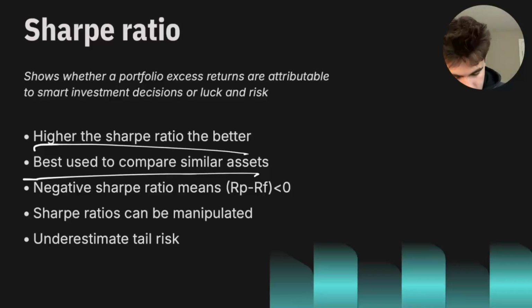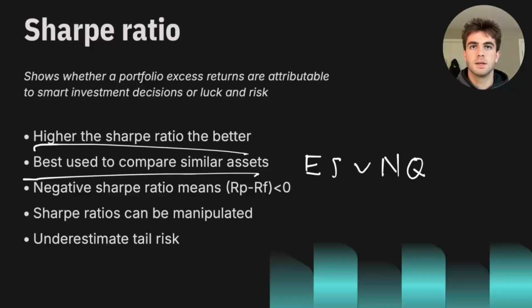So an index fund like the S&P versus the NASDAQ, since those funds have similar assets inside them, they should perform relatively similarly, and so you can compare Sharpe ratios to learn more about which is actually a better investment.